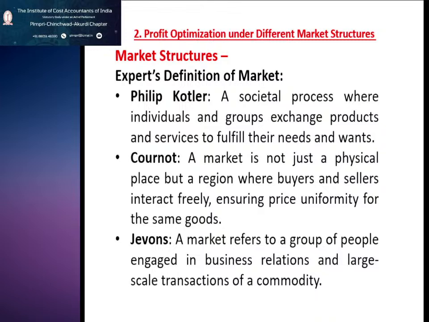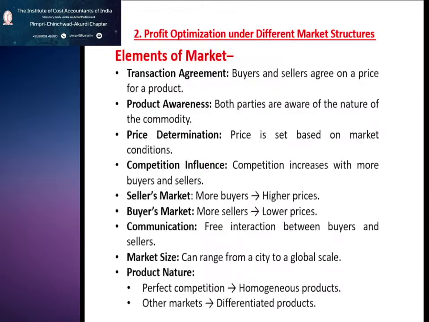And Giffen defined market as a group of people engaged in business relations and large scale transactions of a commodity. So these are the three expert definitions of market, also included in our study material, which I thought I'll cover and explain also.